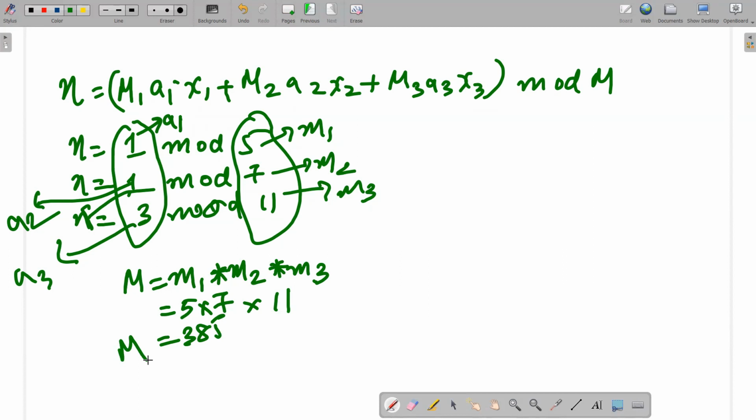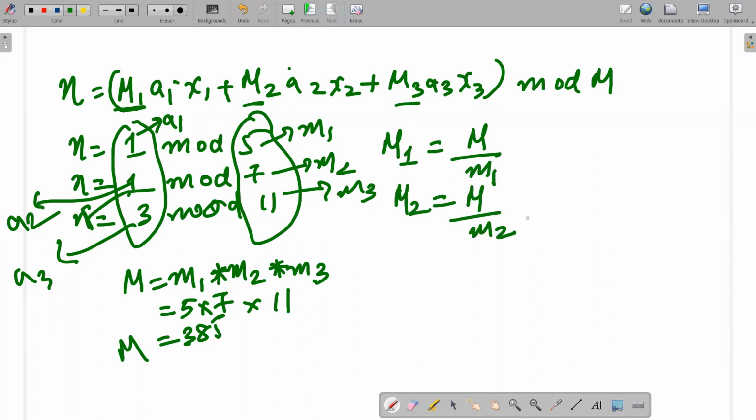Now, because we have got a1, a2, a3, we have to calculate capital M1, capital M2, capital M3. Capital M1 is capital M divided by small m1, capital M2 is capital M divided by m2, and capital M3 is capital M divided by m3.